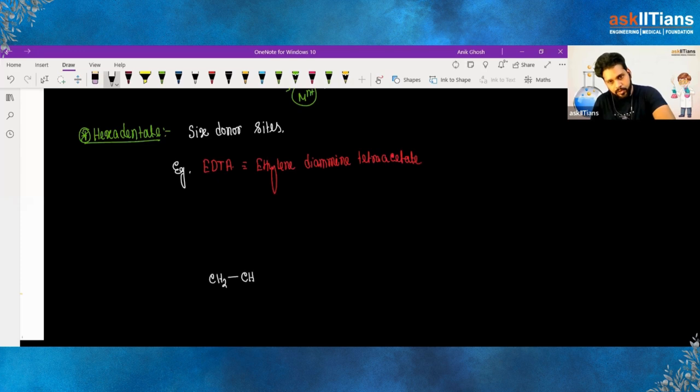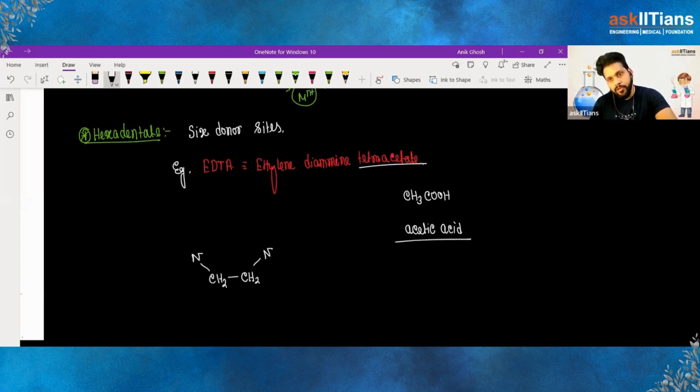CH2, CH2, N. Guys, I'm not drawing the hydrogens for a reason. Tetraacetate. The hydrogens are being substituted with the acetate group. Now, what is an acetate group? CH3COOH. What do we call it? We call it acetic acid.